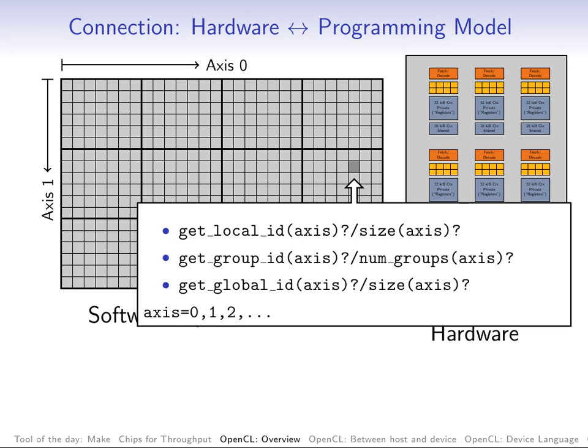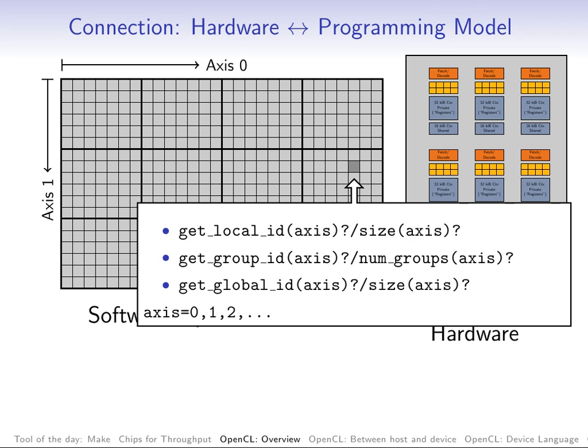So that's 0, 1, 2, 3, 4. Makes sense? Along the x-axis. So local ID of 0 is 4. Okay? Local ID of 1 is 1. Right. Okay? What's the group ID?